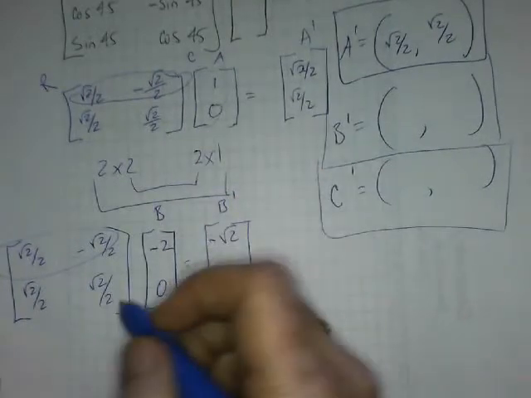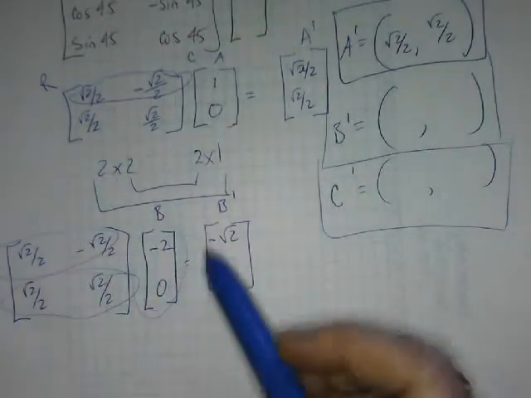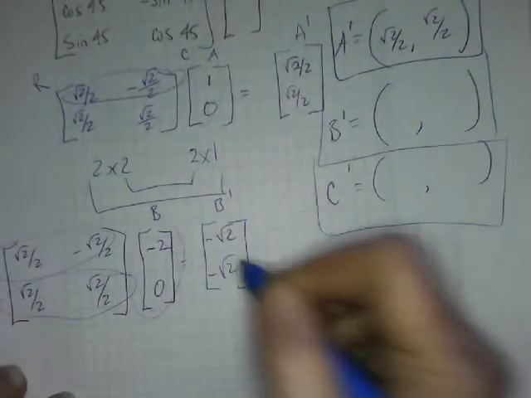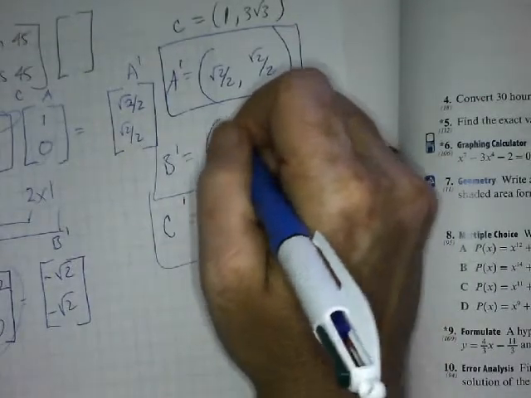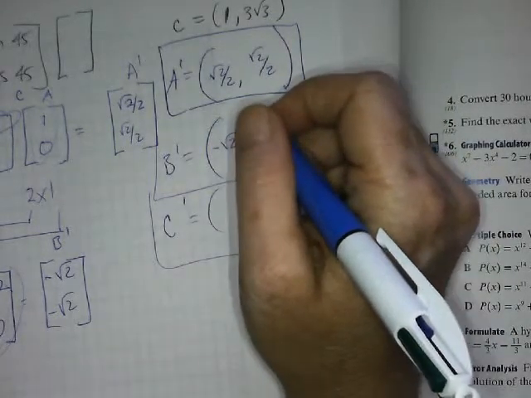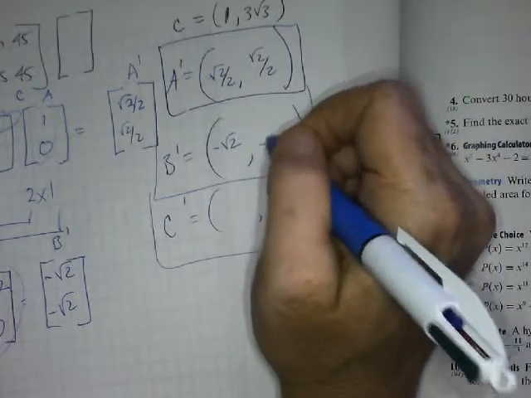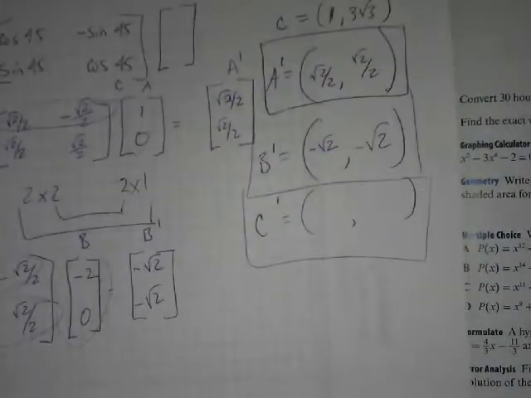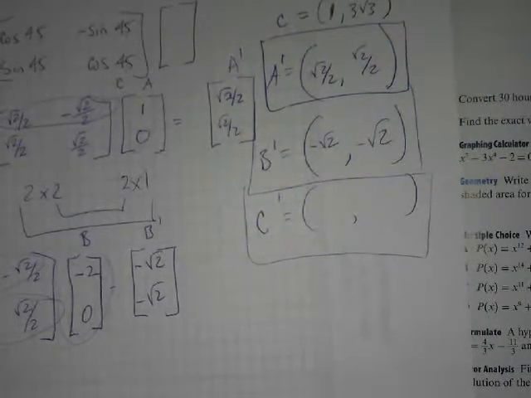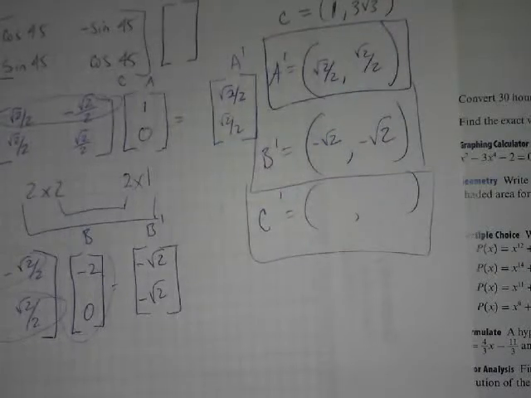And then do it again here. Well, that's going to be the same thing, negative root 2. So this is going to be like this. Oh, wow. Let's see if that's right for B. Yep, that's right for B. And then since I have time, I'll just do the last one.